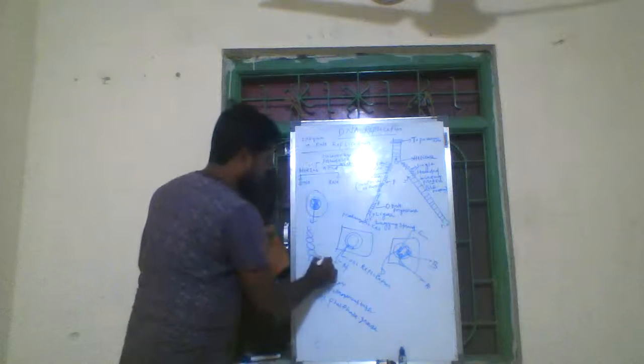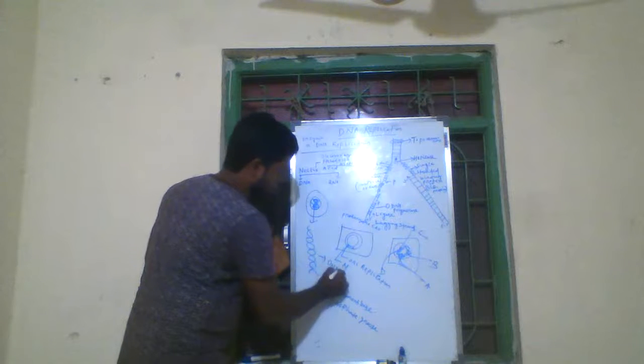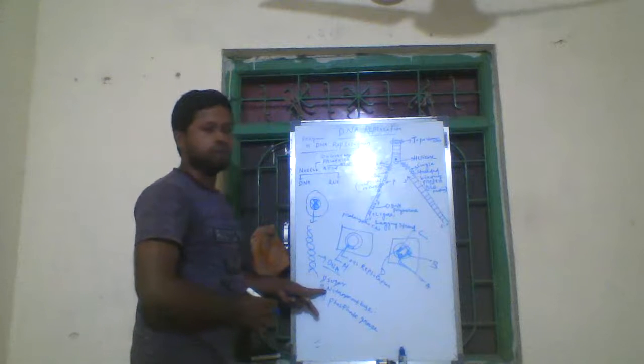So the DNA is made of three important components basically.